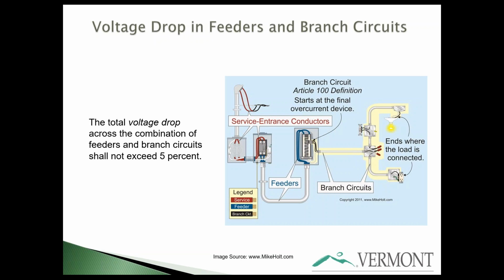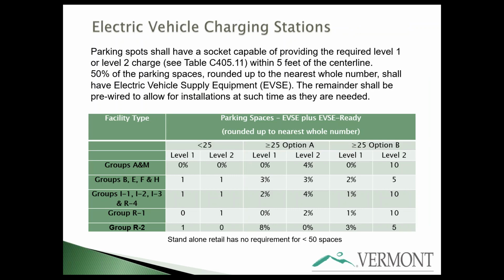There's a new requirement on voltage drop in feeders and branch circuits, such that the total drop between feeders and branch circuits shall not exceed 5%. And then at the end of the electric power and lighting section, C405, is a section on electric vehicle charging stations.